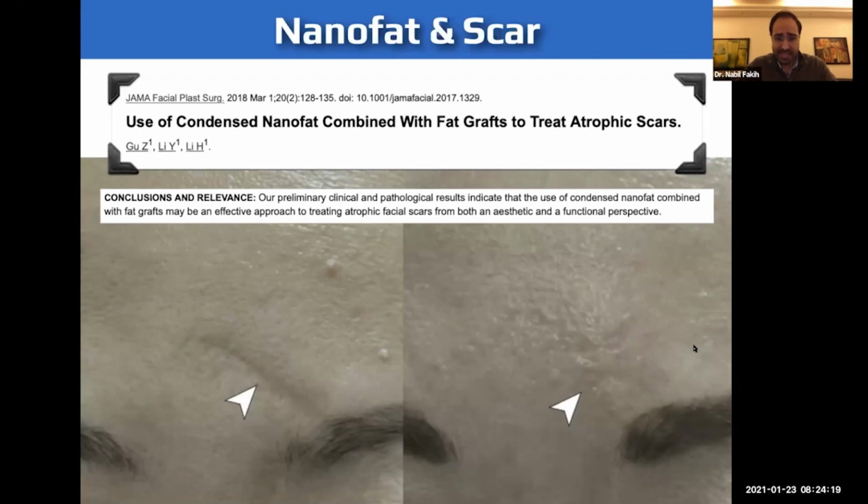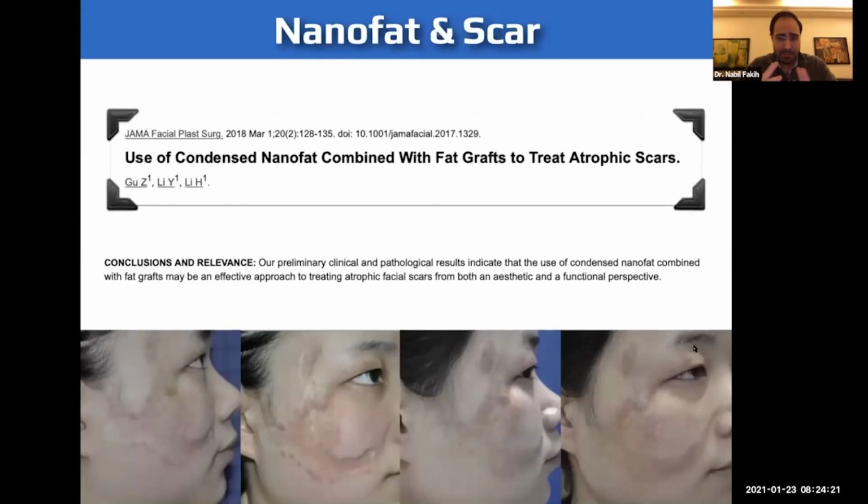Also they maybe injected SNIE, some emulsified fat. And that was my mission at that time when I was reading. How could this be possible with some condensed nanofat combined with microfat and SNIF for these cases to become from this to this? I was surprised with the results, I should tell you.